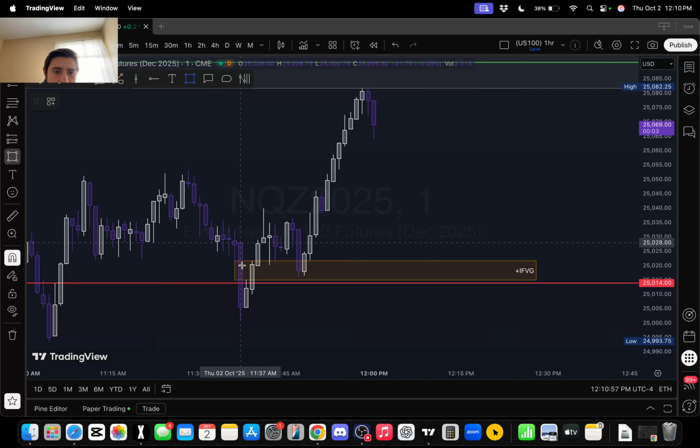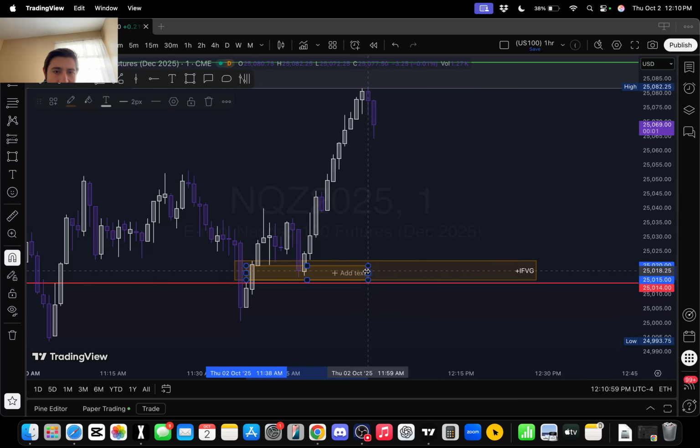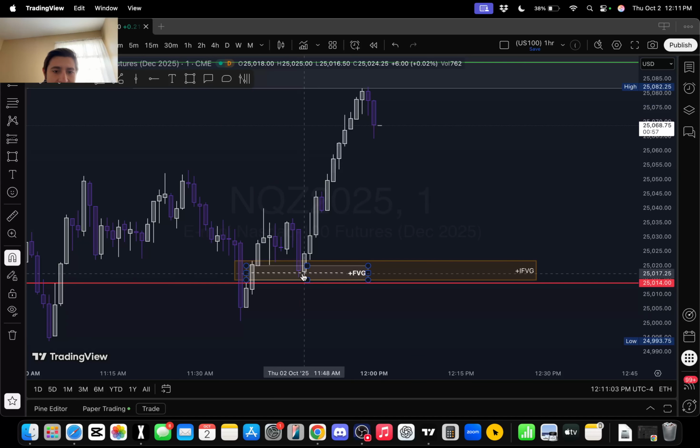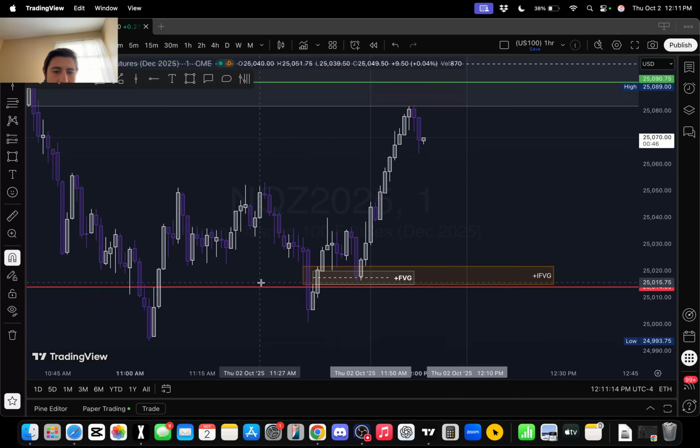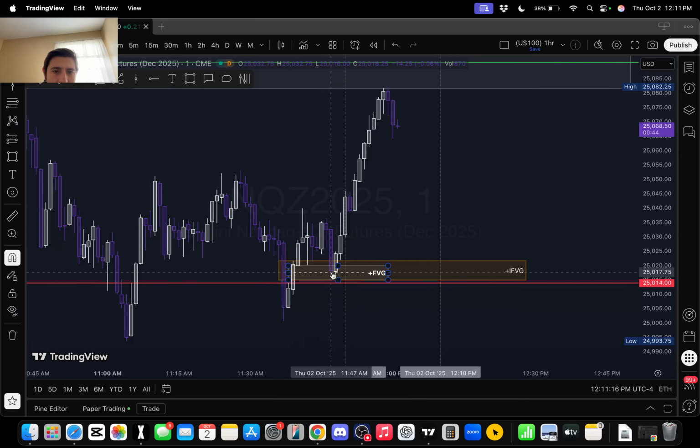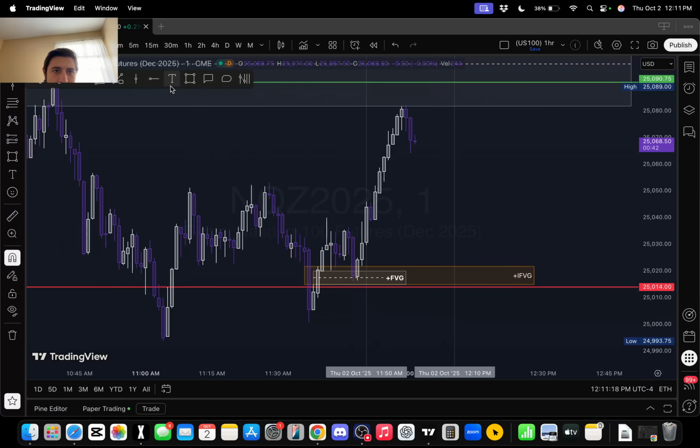So here you could see inversion with that fair value gap. It's almost like cherry picked right there. Look at that. And then look at the time, 11:50, 12:10. Boom.